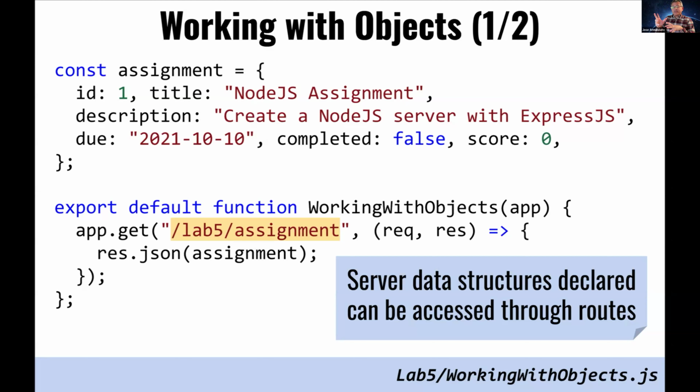Now the difference here is that if we modify an object in the client in React, using, for instance, useState, to modify an object or a variable, those changes are lost when you refresh the browser.